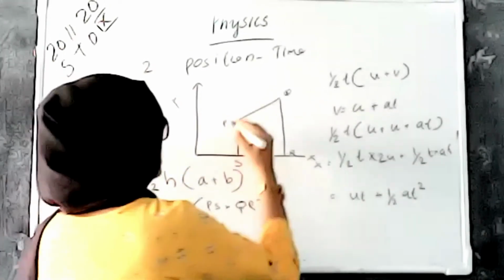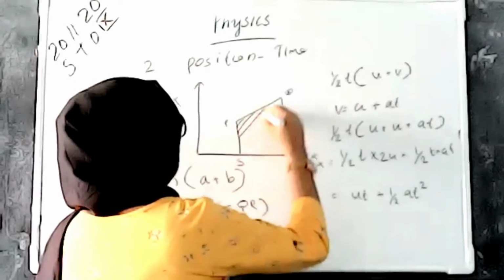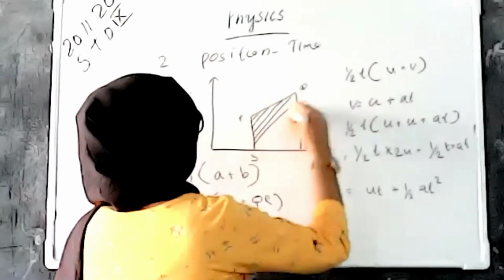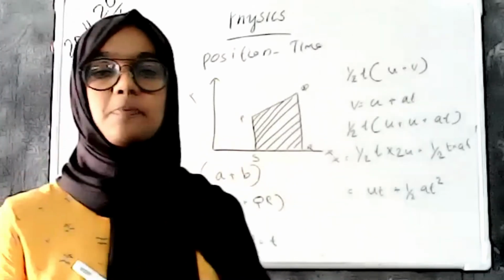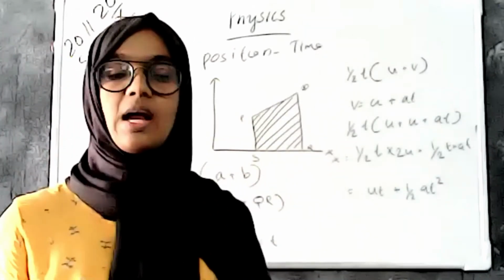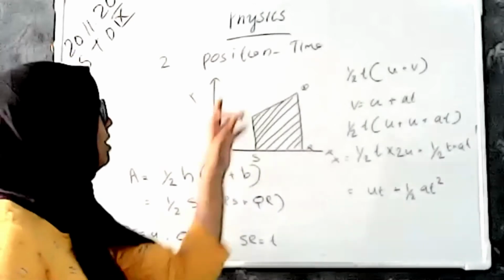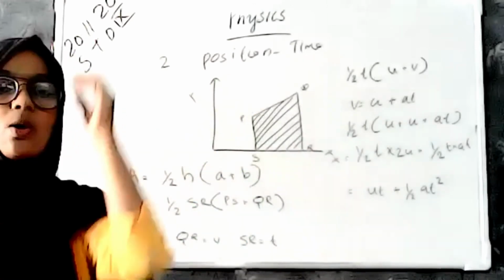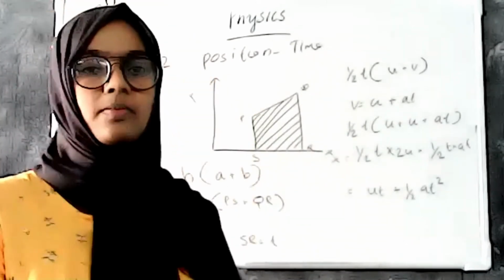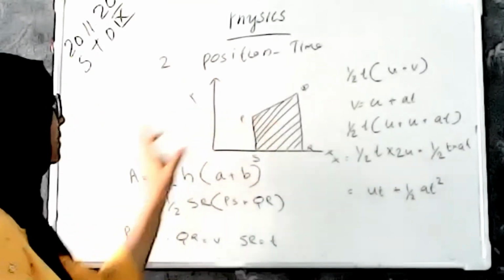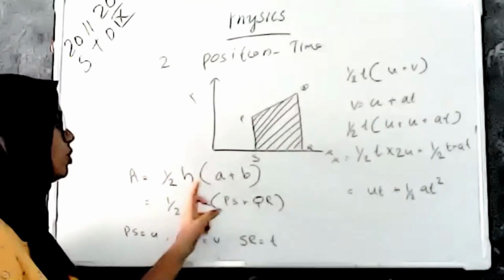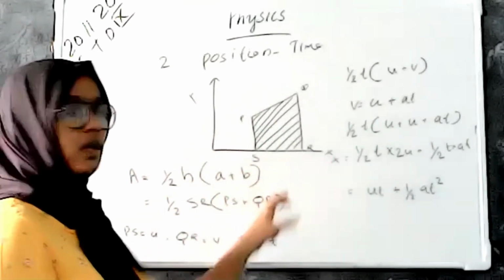So this is the trapezium, and by finding the area of this trapezium, we get the displacement of the body. And we get the position time relation, that is showing the displacement. Okay.